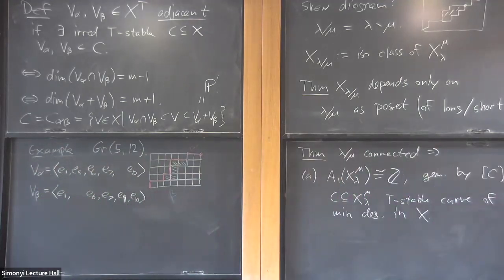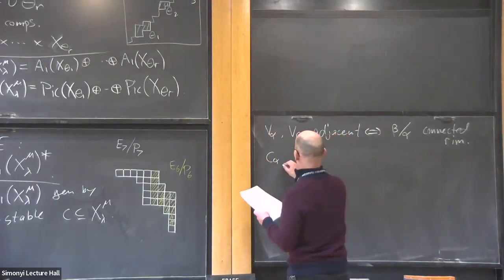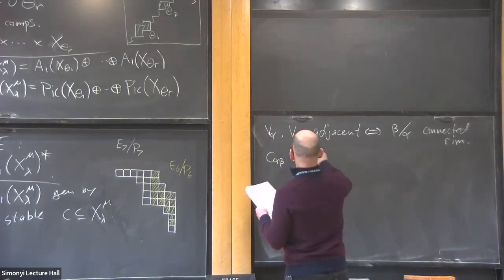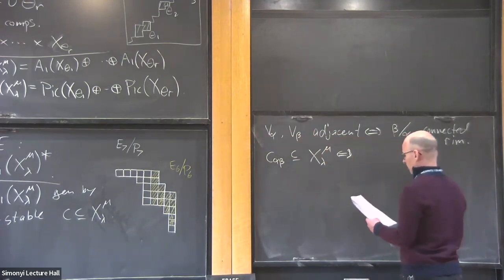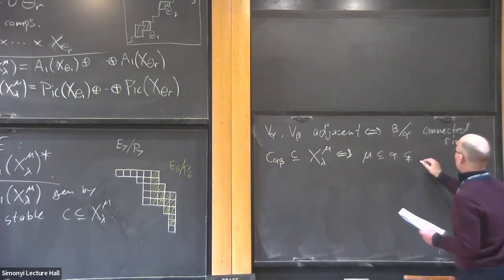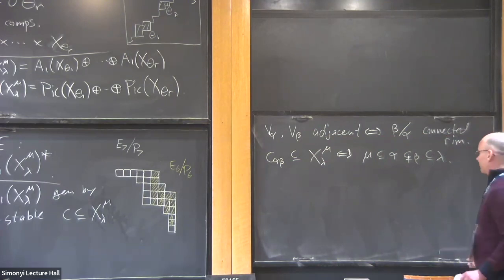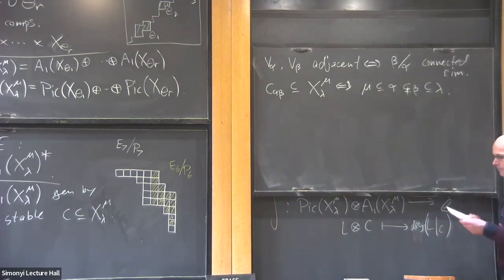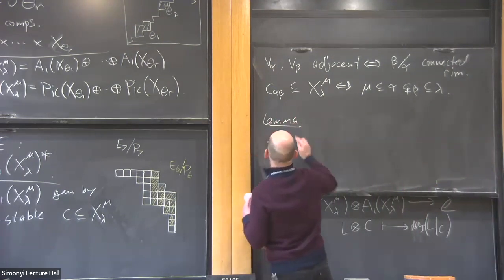Another thing we can notice is that this curve through V alpha and V beta is contained in the Richardson variety if and only if mu is contained in alpha, which is contained in beta, which is contained in lambda. And then we have a lemma, two lemmas.